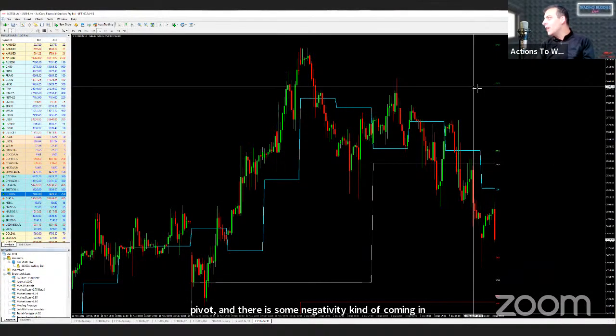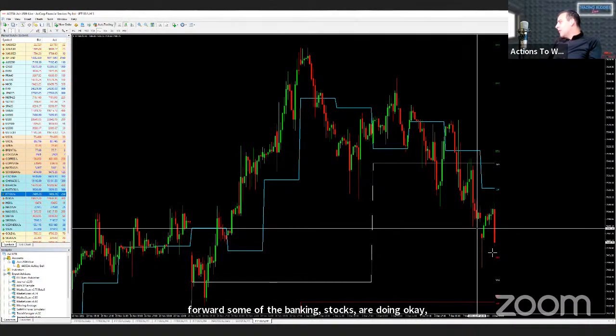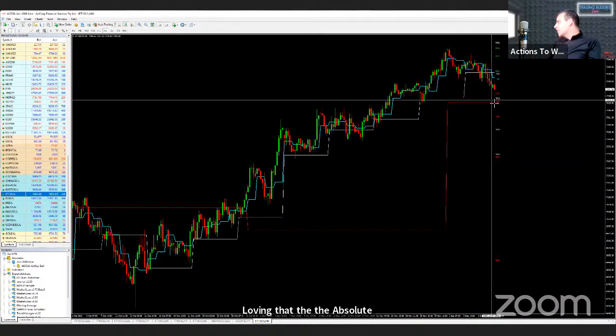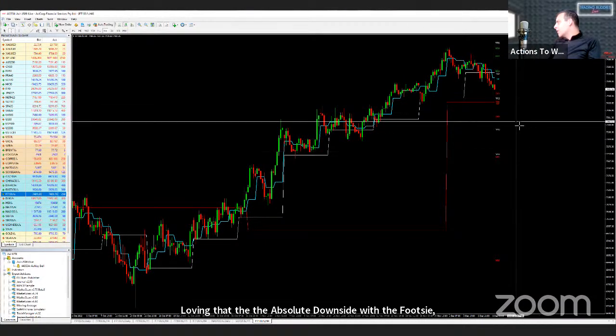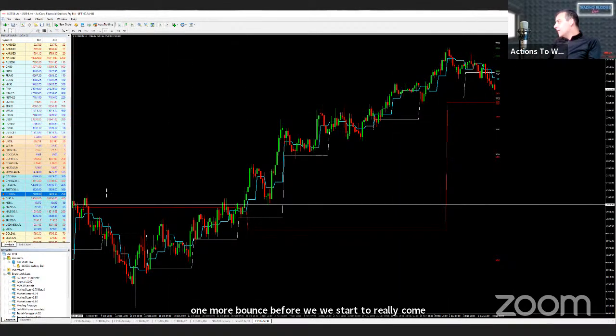There's nothing really pushing forward. Some of the banking stocks are doing okay, but I'm not yet loving the absolute downside with the FTSE. I think there's still a little bit of a chance of one more bounce before we start to really come down. But you can see that this is turning over.